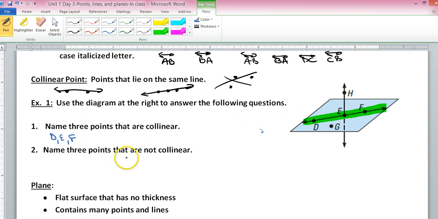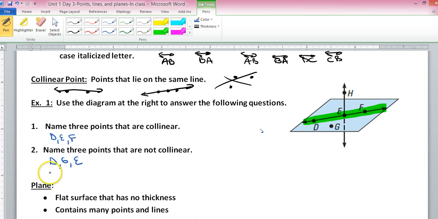Now, we want to name 3 points that are not collinear. Which ones do not lie in a straight line? Well, there are many combinations. If I look at D, G, and E, do those line up in a straight line? Absolutely not.